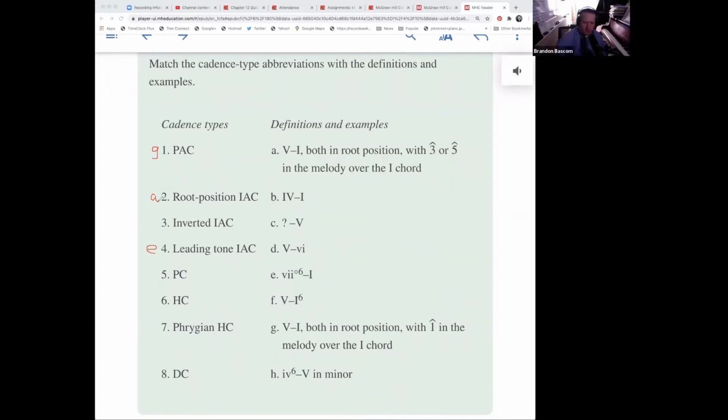5. B. B is right. 6. C. 7. H. D is number 8, is letter 8.